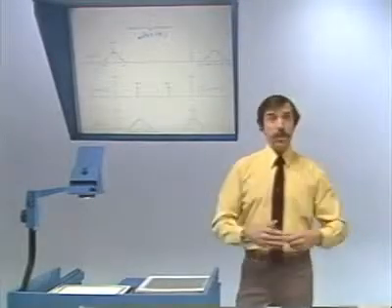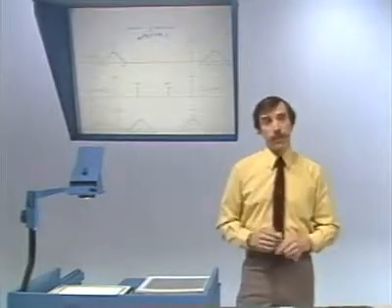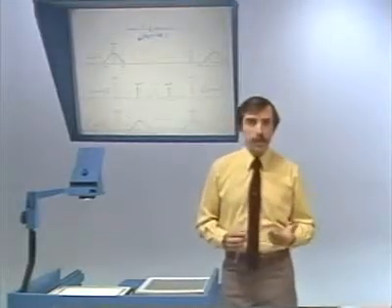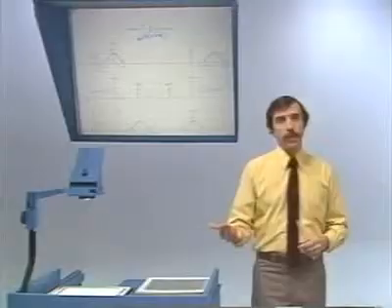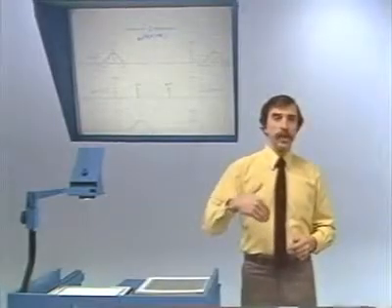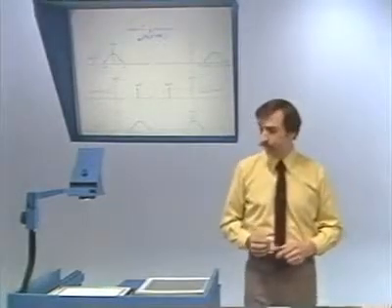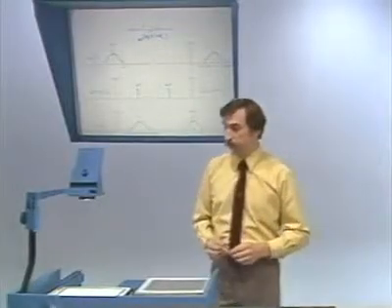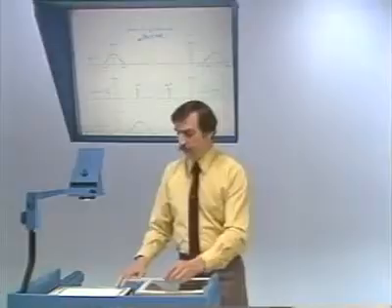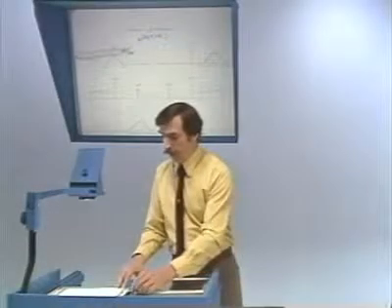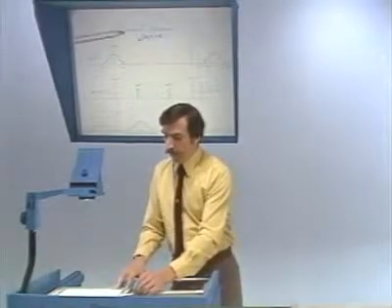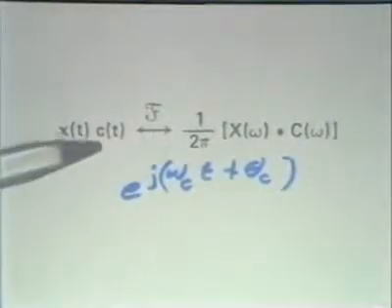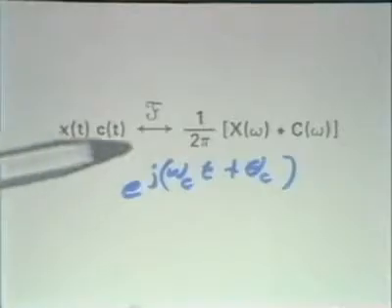Now, we've modulated, in effect, to a higher frequency. Things are happening in a higher frequency band. And the next question is, how do we demodulate? Or in other words, how do we get the original signal back? Well, of course, one way that we can think of doing it, particularly in the context of this specific carrier, if we look back at the top equation, we have as the result of the modulation x of t times c of t, where c of t is this.